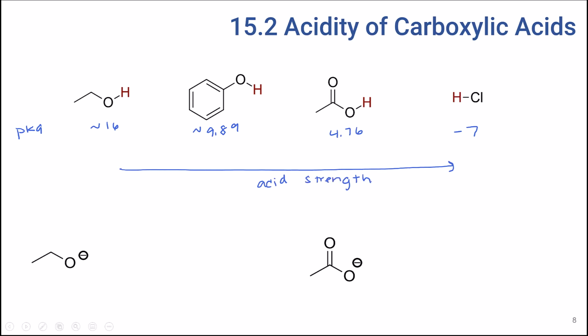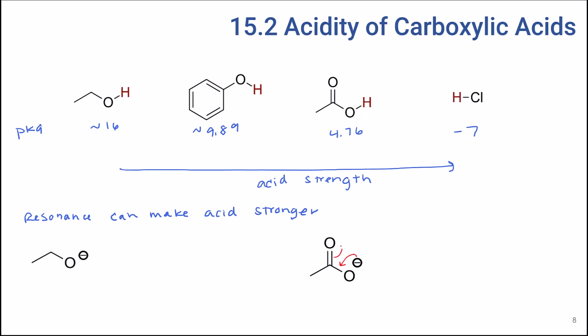And something that makes it a stronger acid is resonance. If we look at ethoxide, which is formed when ethanol loses the proton, so this H here gets removed by the base, that forms the ethoxide. So all of that negative charge is on oxygen, whereas with this acetic acid, if this loses hydrogen, we get this carboxylate anion.